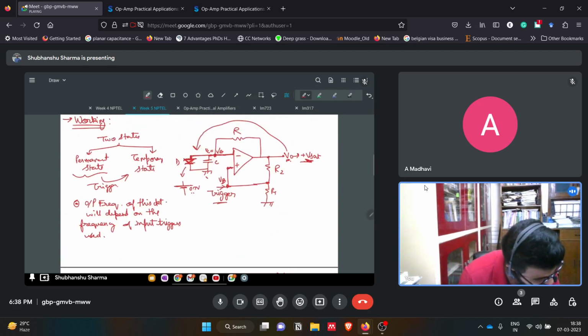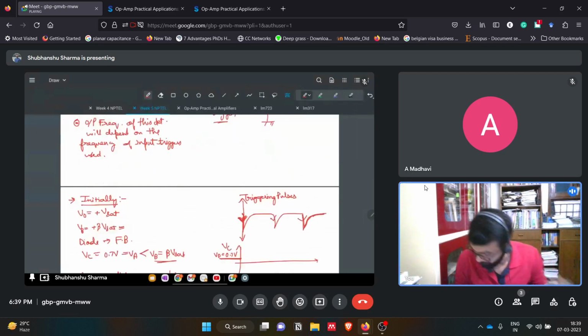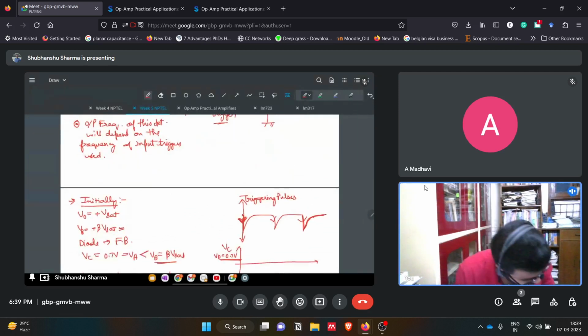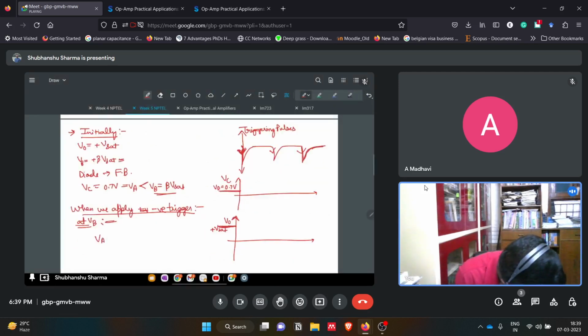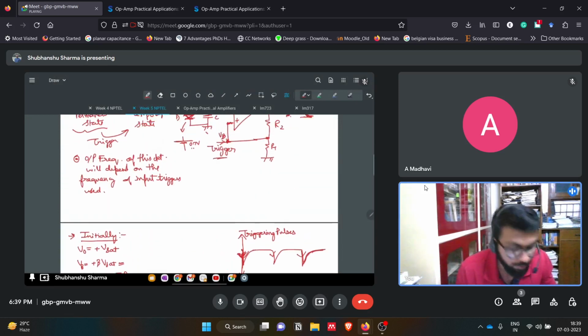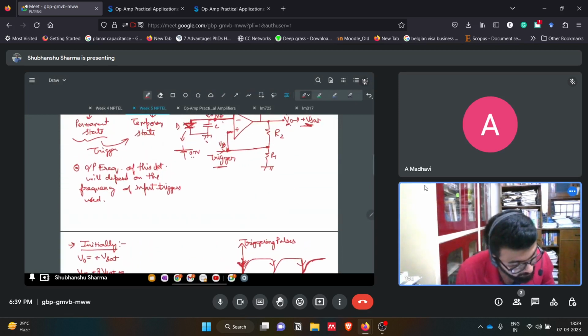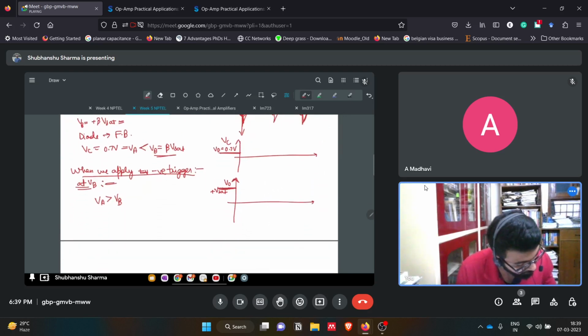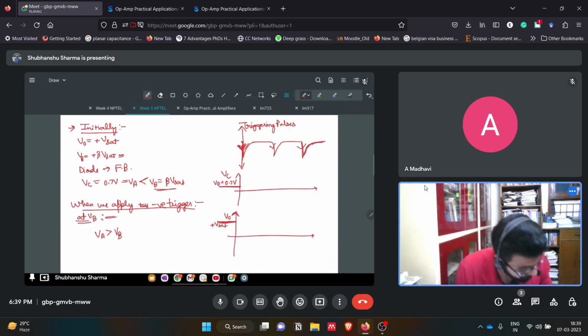So momentarily the Va voltage will be more than Vb, because we are applying a negative trigger at the Vb side, at the non-inverting side of the op amp. Because of that, Vb is becoming less than the Va voltage. So momentarily Va is greater than Vb.